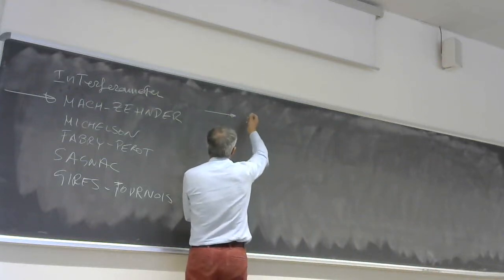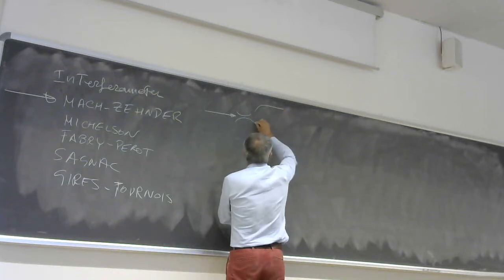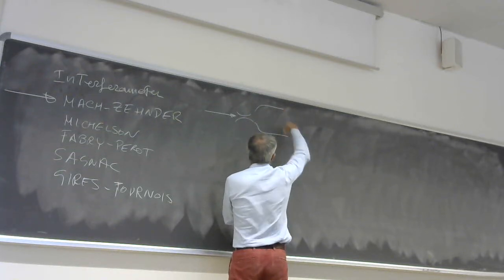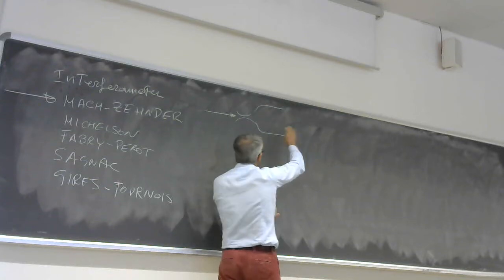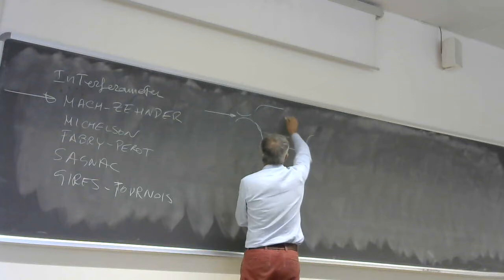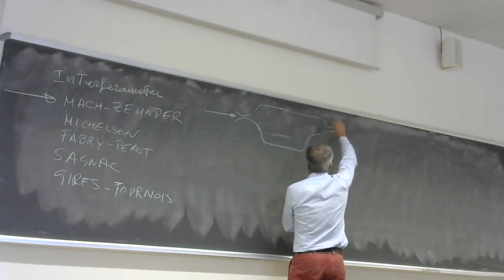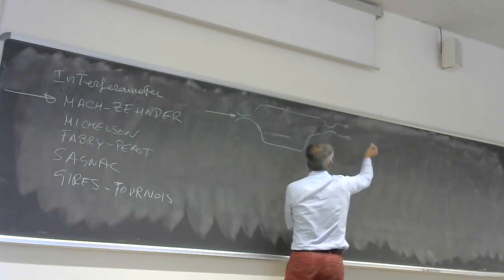So you split in two, for example with a directional coupler, and then you have two paths. Usually one is longer than the other one. And then you have another coupler that combines the two. And here you have the two outputs.